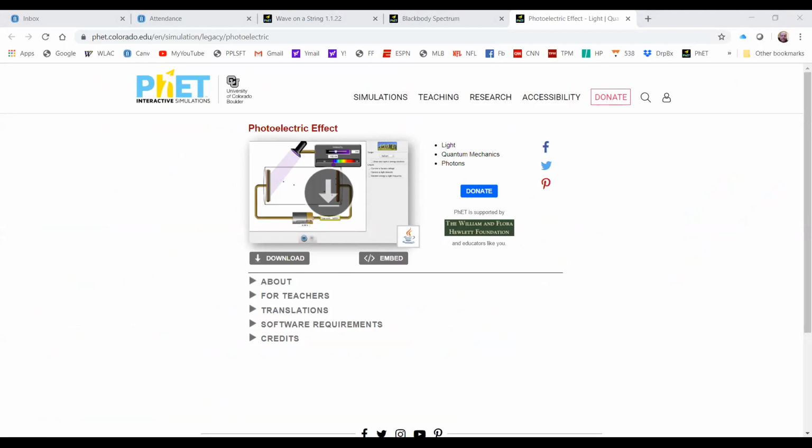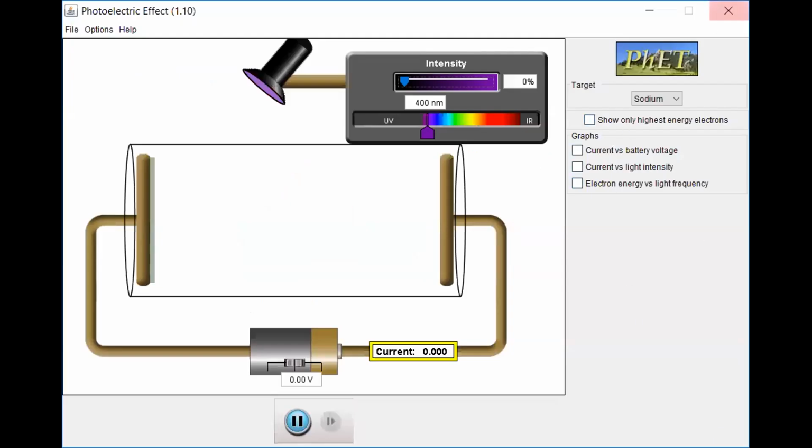This is actually one of my favorites that PhET has put together. Let me share the photoelectric effect simulation. Hopefully you can see this on your screen.